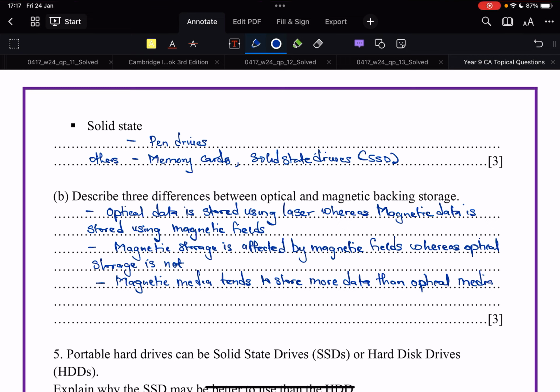With the dual layering, you could have the Blu-ray to be maybe 47 gig, which of course you can't compare to the magnetic media.